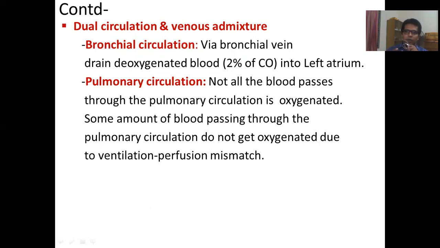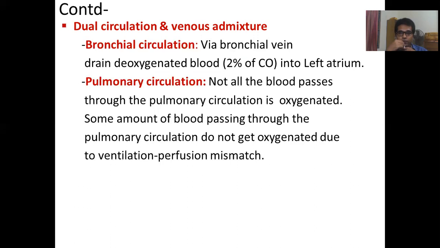That means some amount of blood is passing through the pulmonary circulation, but does not get oxygenated. So the same thing happens: this deoxygenated blood is transmitted from the right side to the left side of the heart and finally mixes up with the oxygenated blood at the left atrium, which will further reduce the partial pressure of oxygen in the systemic circulation.